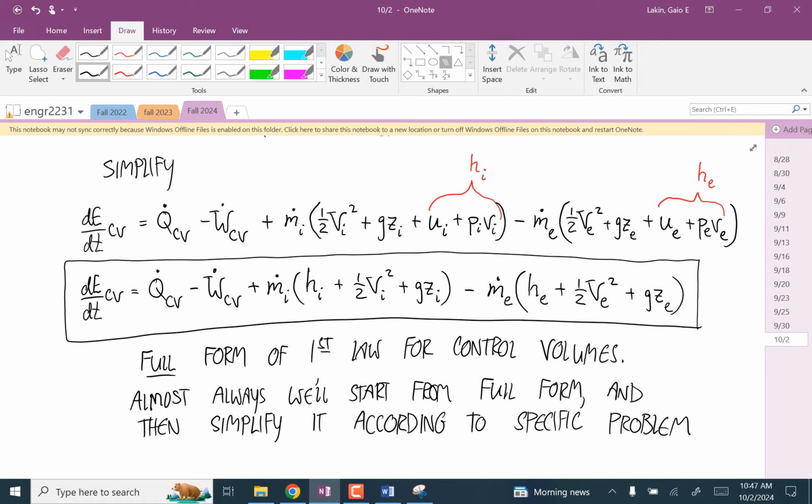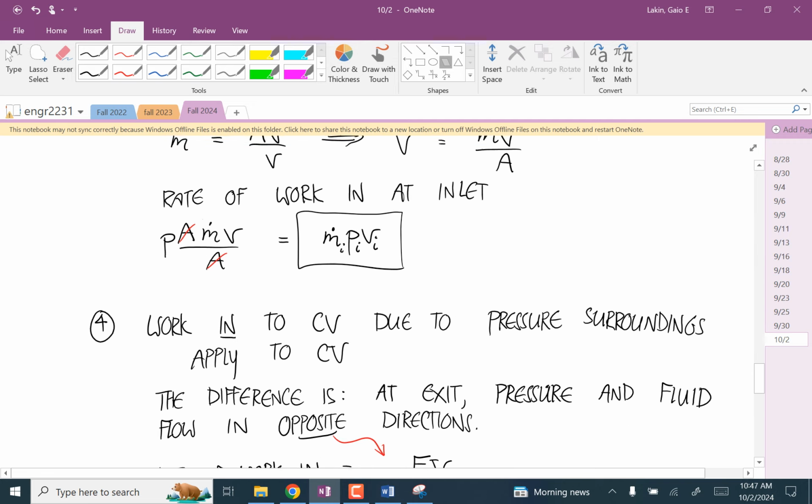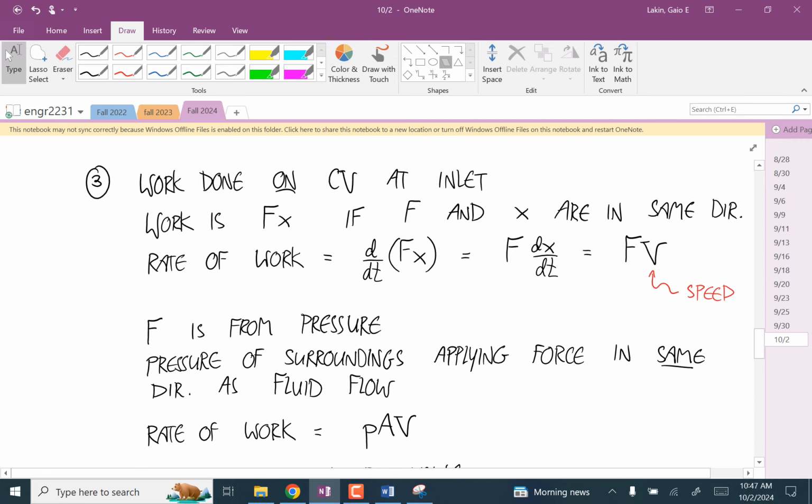That definition of enthalpy is not why the pressure term is opposite at the outlet. Think of that negative as coming from the definition of work. We were putting in the rate of work done by the outside pressure onto the control volume.